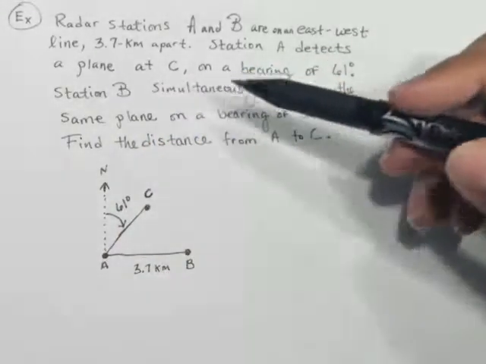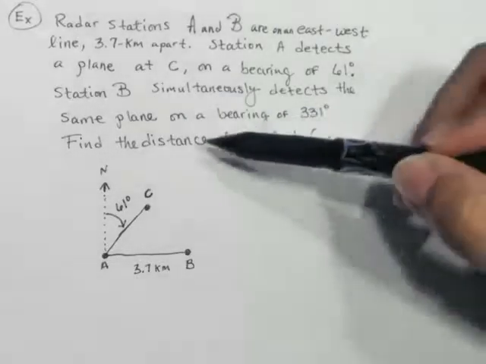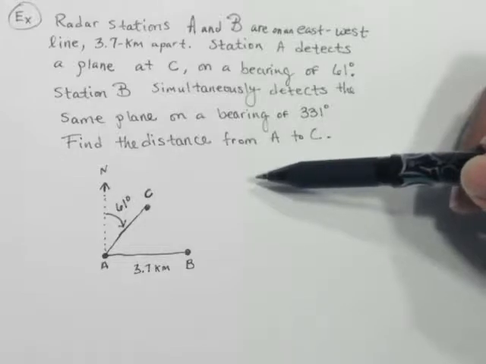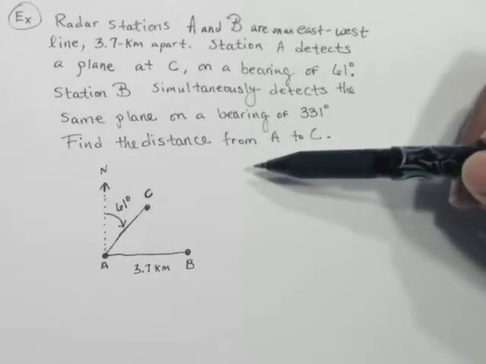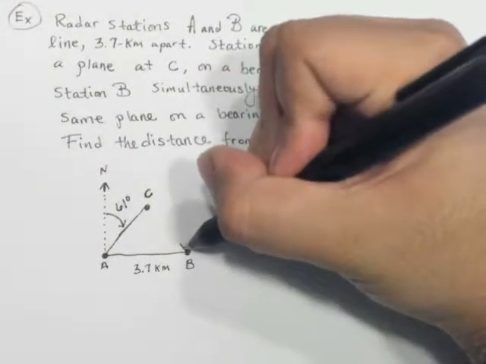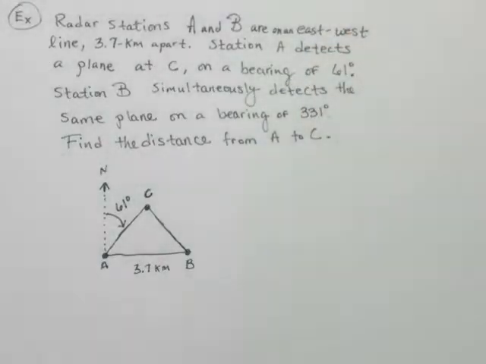Let's continue. Station B simultaneously detects the same plane on a bearing of 331 degrees. So let's figure that out. Here is station B, right there.